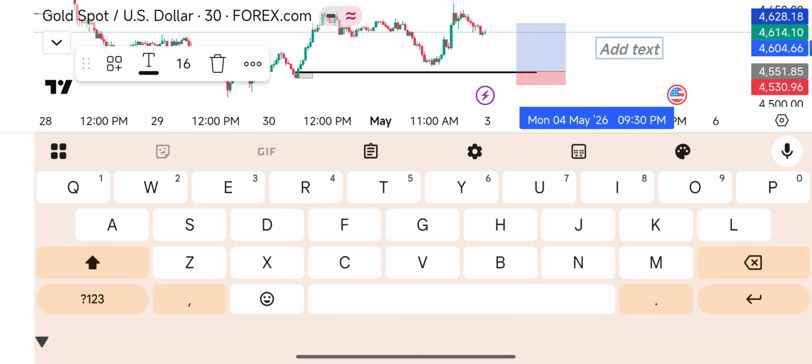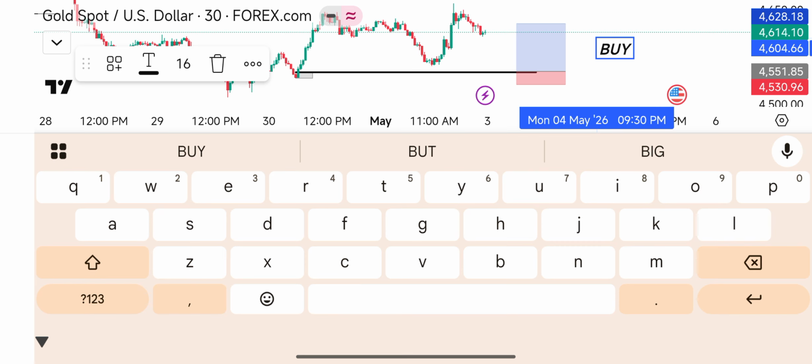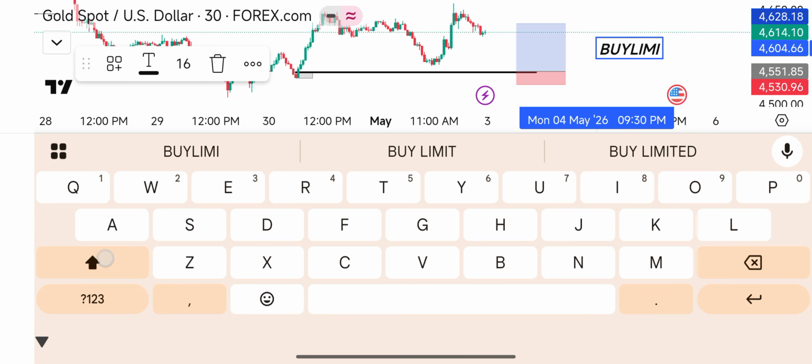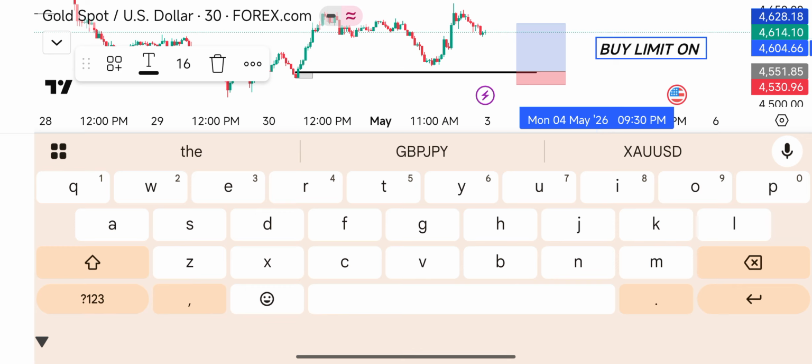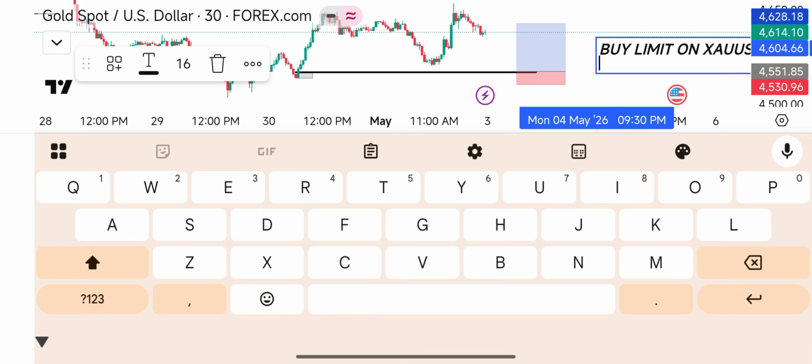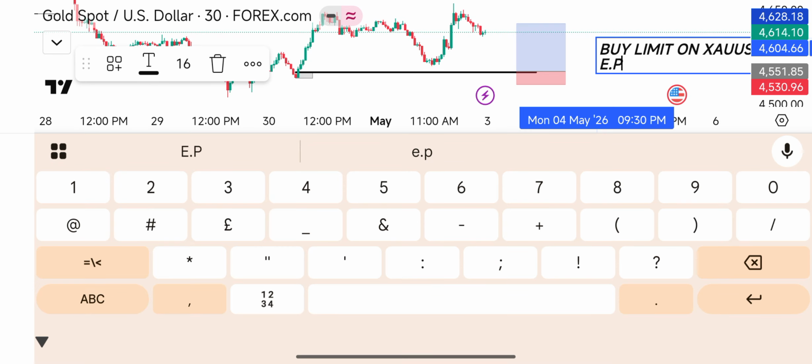So it's going to be a buy limit order on XAUUSD.